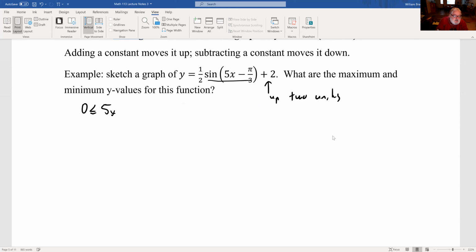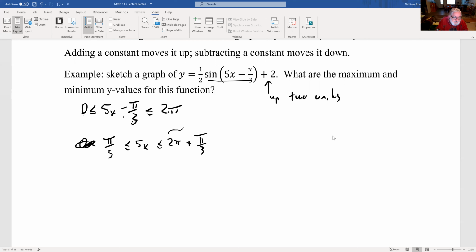We take the thing inside the sine, and we put it into this inequality. We add a pi over 3 to all 3 sides, the left, the right, and the middle. And that gives us pi over 3 is less than or equal to 5x, less than or equal to 2 pi plus pi over 3.